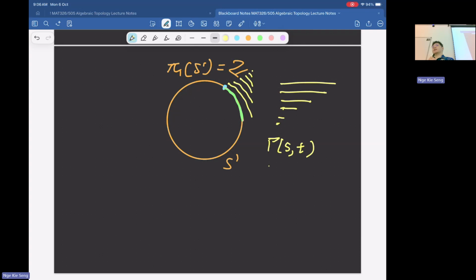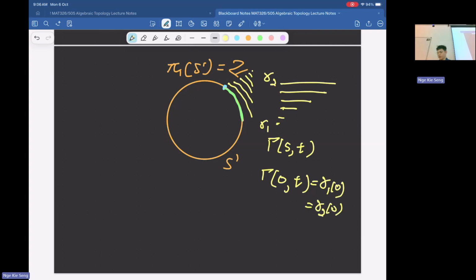When we fix x to be 0, it should be the same as, let's say this is gamma 1, this is gamma 2, it should be the same as gamma 0 and gamma 2.